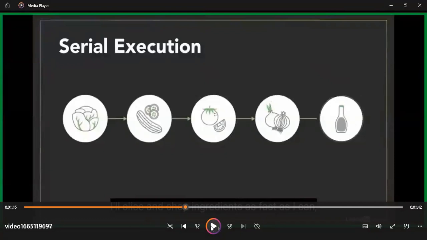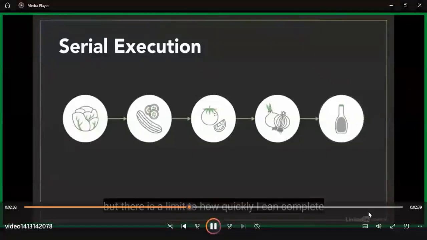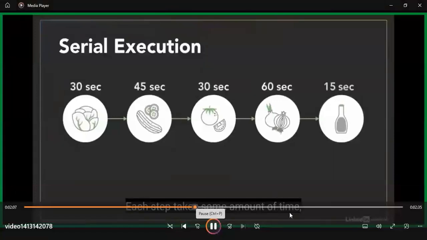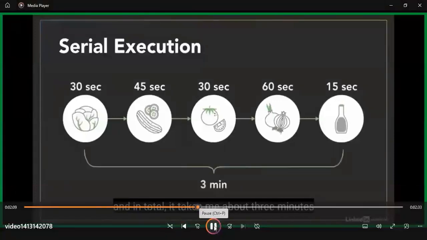The limitation is that the time a sequential program takes to run is limited by the speed of the processor and how fast it can execute that series of instructions. So I slice and chop the ingredients as fast as I can, all of it done by myself.